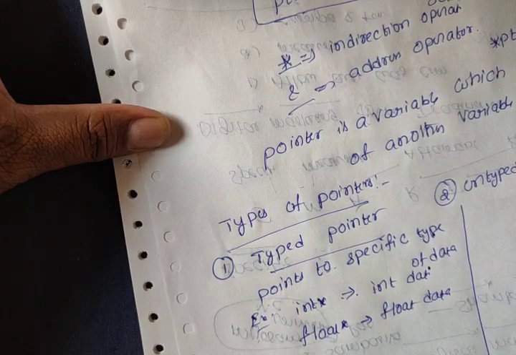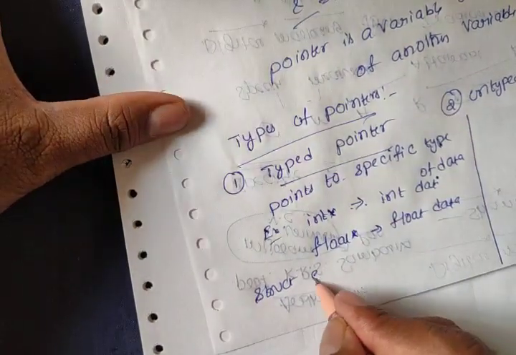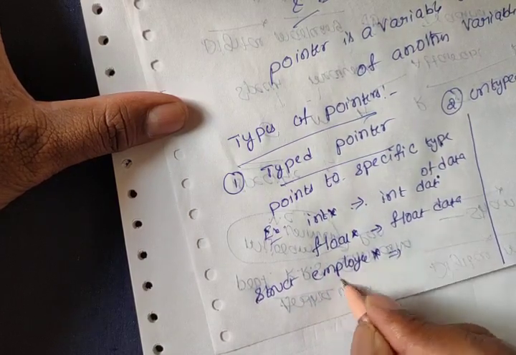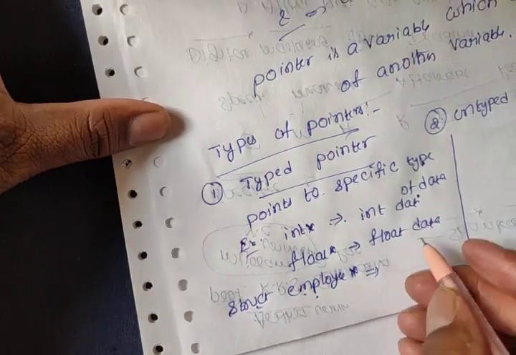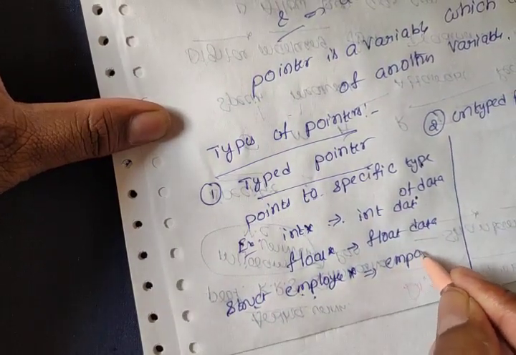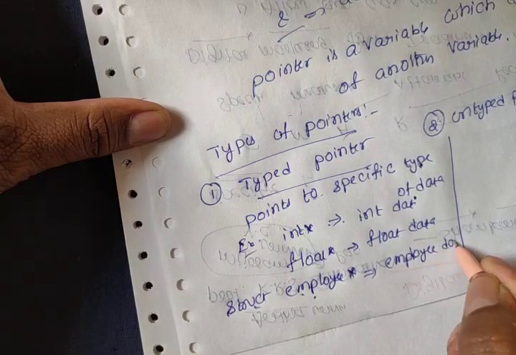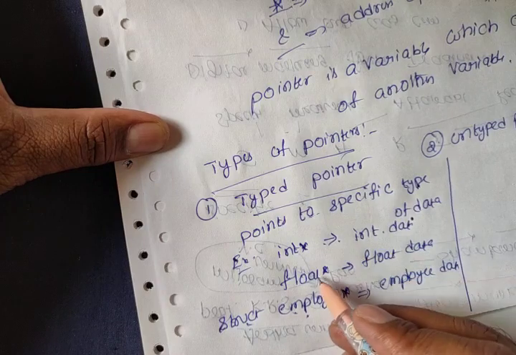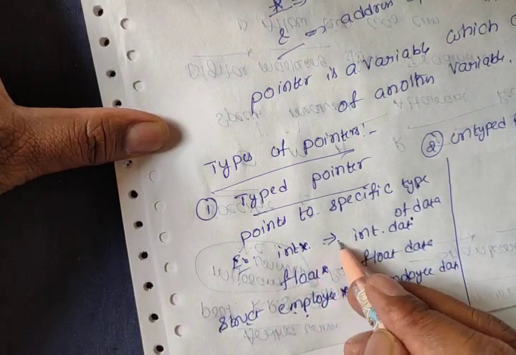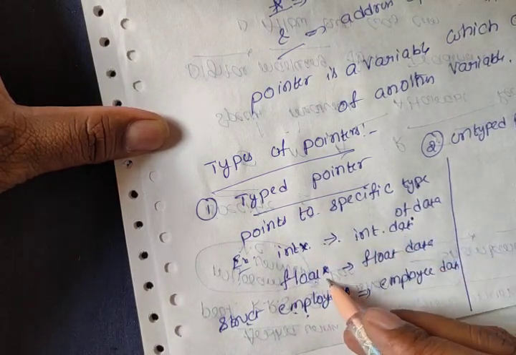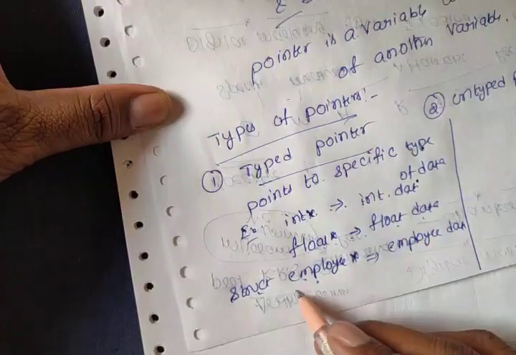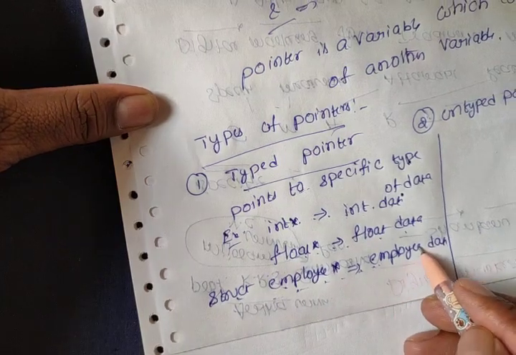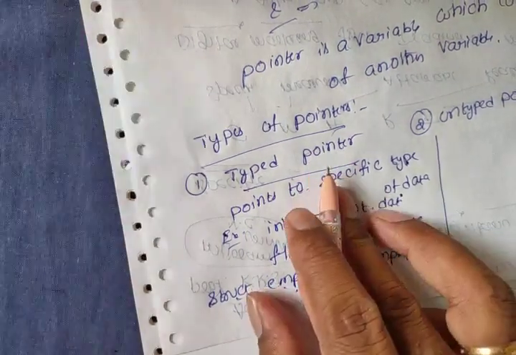Struct employee star, where employee is a structure variable, points to employee data. So an integer pointer points to integer data, a float pointer points to float data, and a structure employee pointer points to employee data. That is a typed pointer.